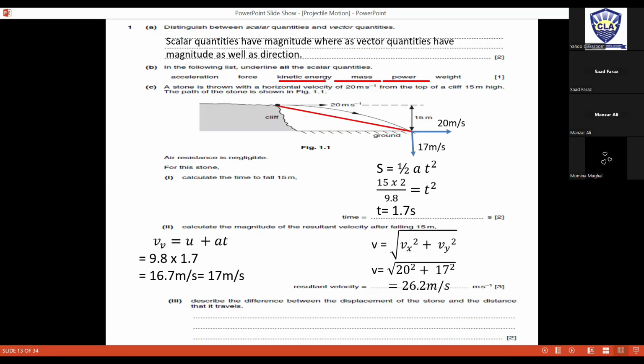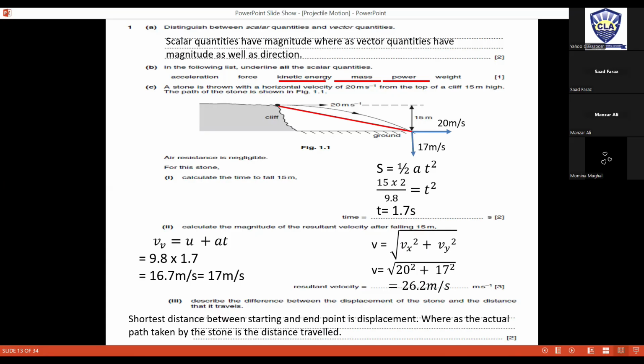How to explain that? Shortest distance between the starting and the end point is displacement, whereas the actual path taken by the stone is the distance traveled. We can calculate the displacement in this case by vertical and horizontal distance, but they have not asked for that. So we are not calculating the displacement.